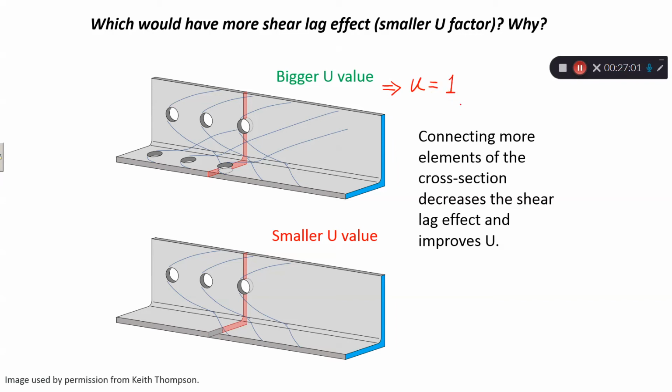So we can consider there's no shear lag in this case. If only one part of the element is connected, and other elements are left unconnected, there is a more significant shear lag effect. So in this case, U is less than 1, approximately equal to 0.8 or 0.85, something like that.